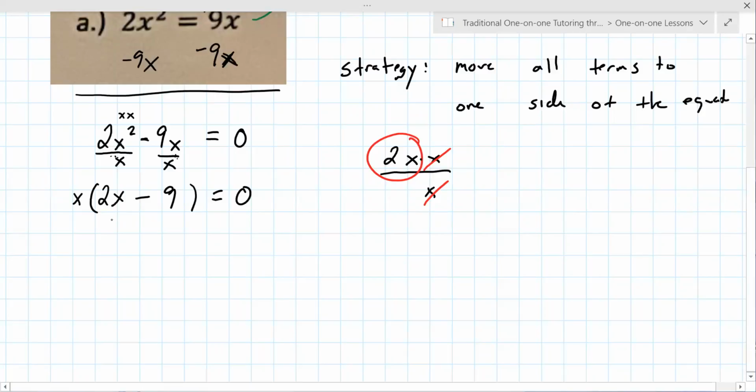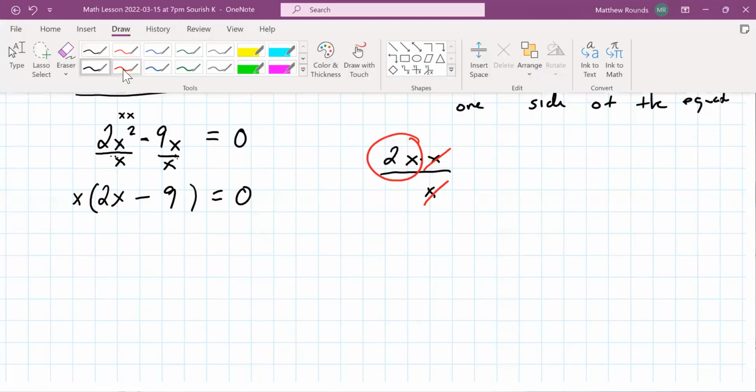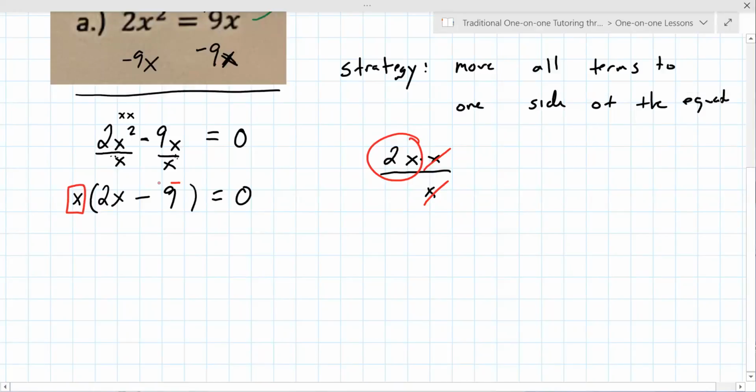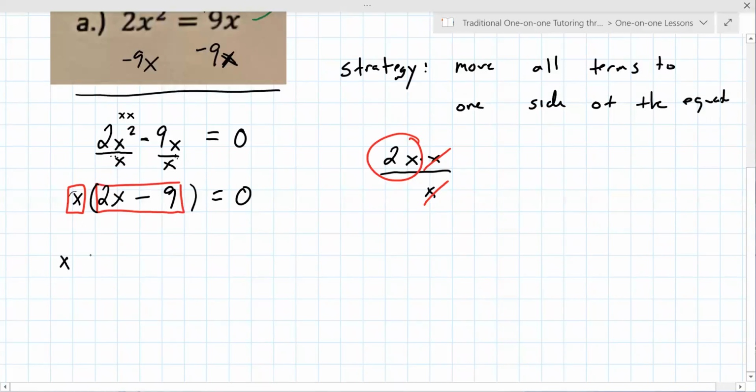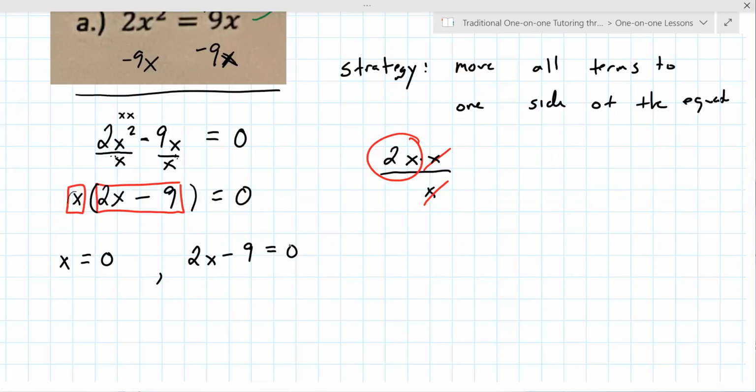Now you set each of these terms equal to 0, and I'm going to box in the terms. See how there's just an x there? You set that equal to 0. And then what's in the other box? It's 2x minus 9. You set that equal to 0.